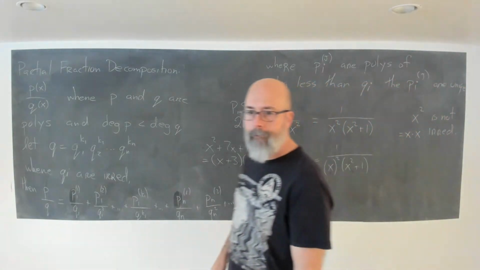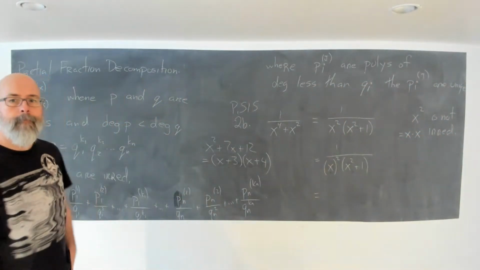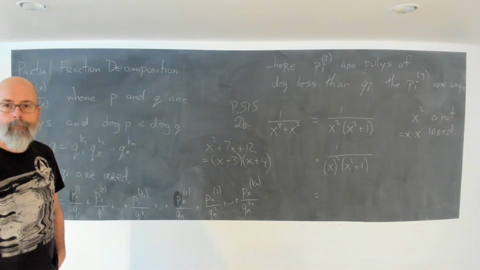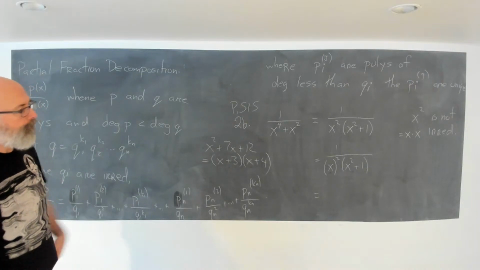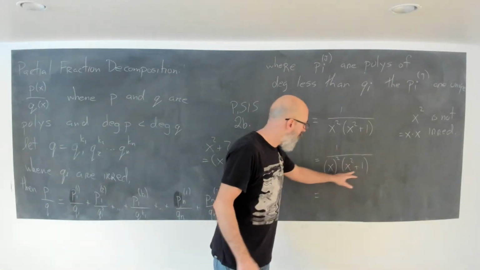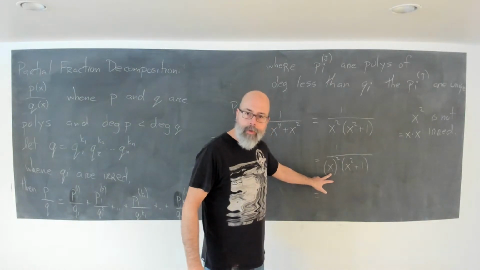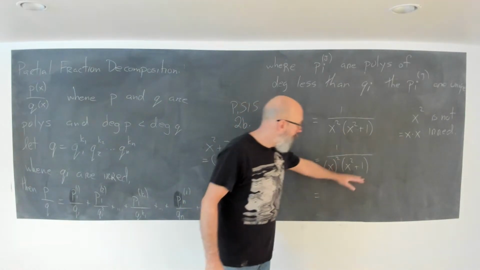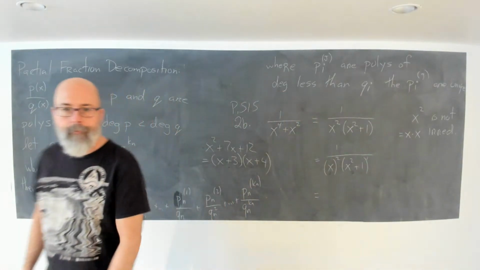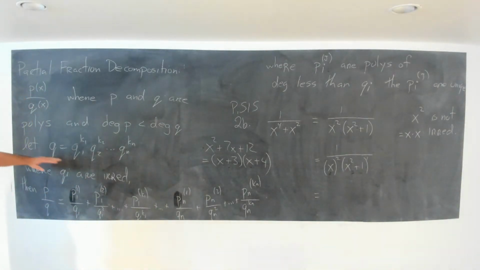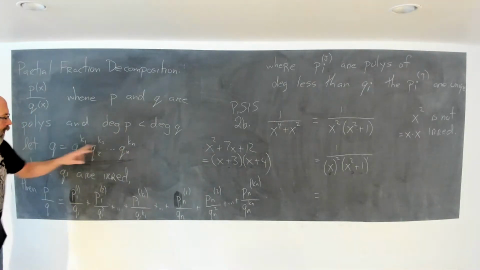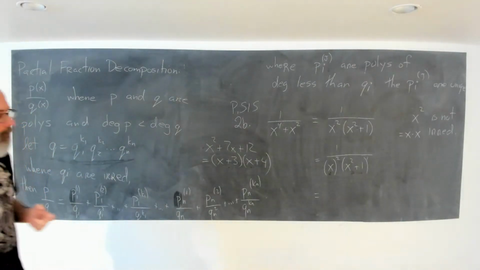Polynomials of lesser degree. Very well. So there we go. We have decomposed this as a product of irreducible polynomials. The x, we have two of them. The x squared plus 1, we have 1. So this is what we have done. We have decomposed the denominator as a product of powers of irreducible polynomials.